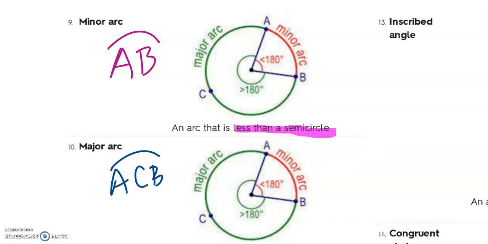So it's telling you you're going from A to B, but you're going to hit point C in the middle. So we have to put that point C in the middle to tell us we're going to take the major arc. If you only have 2 letters, it has to be the minor arc. But if I had, say, a point X over here, you could have arc AXB, and that would be a very specific way to name the minor arc.